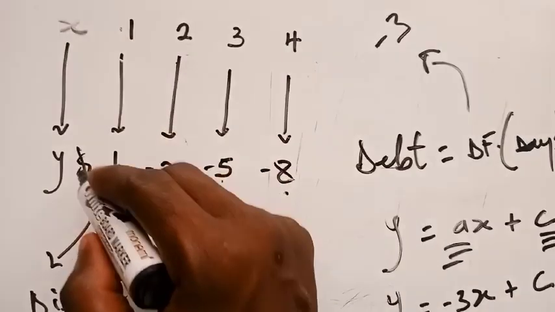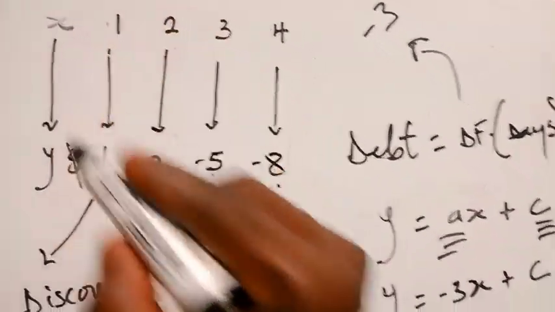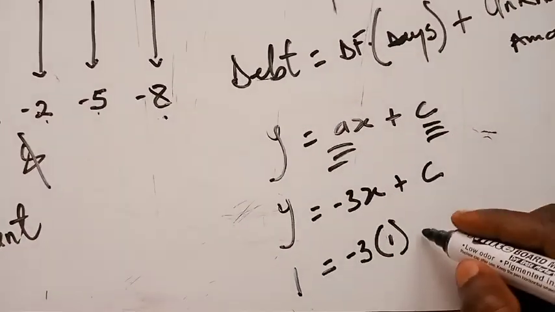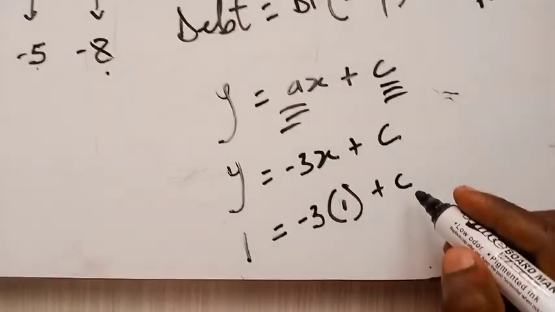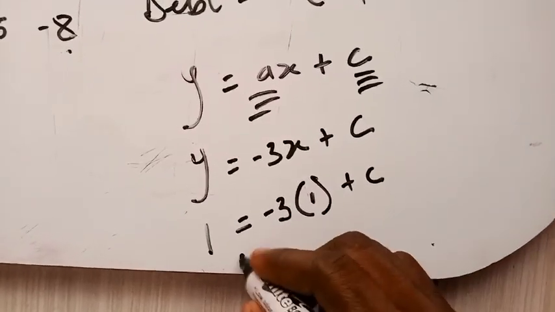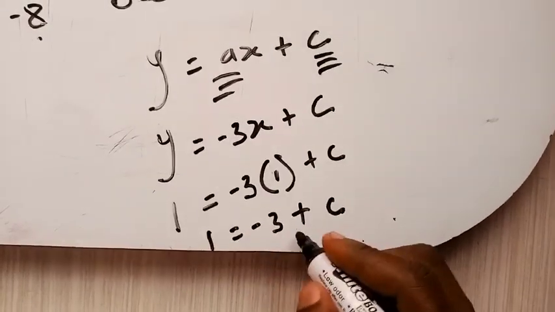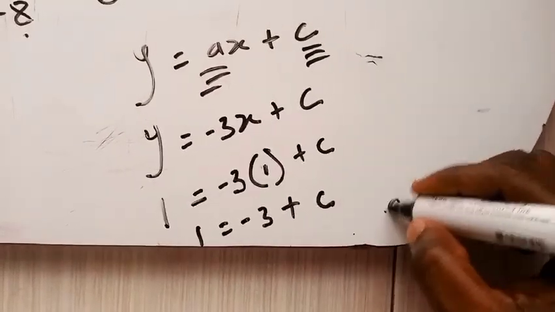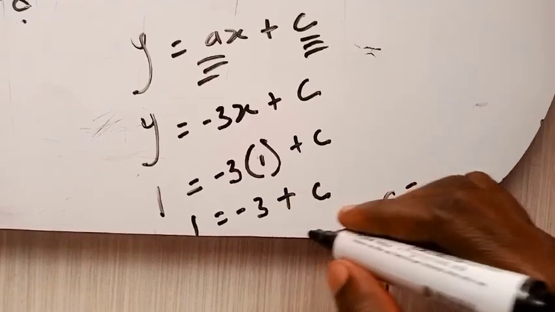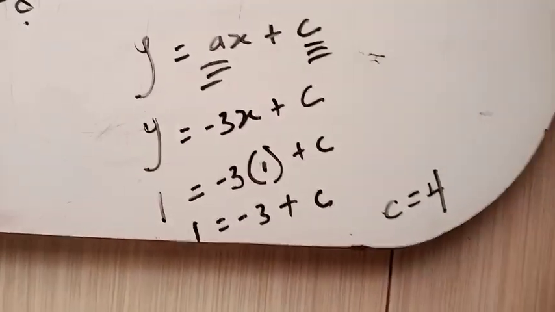What is the x here? The x here is just going to be the first day, 1, plus 6, because we are looking for this unknown amount. So we have 1 equals -3 times 1, plus c. If you solve this, you should have your c to be equal to 4. Do you agree?